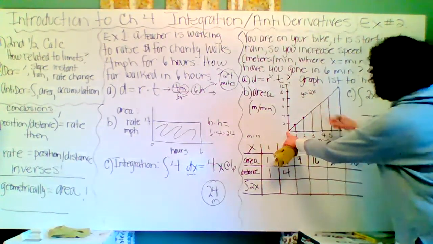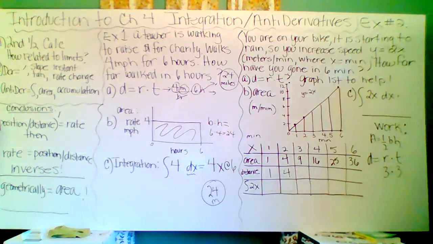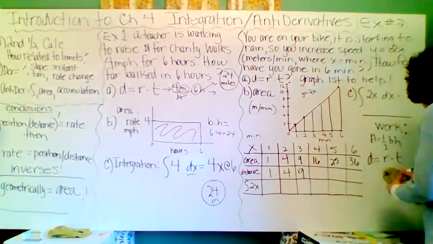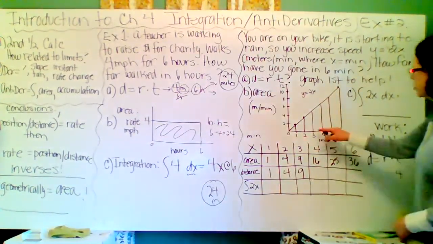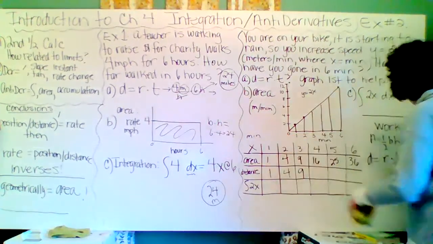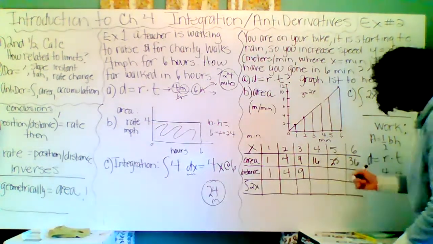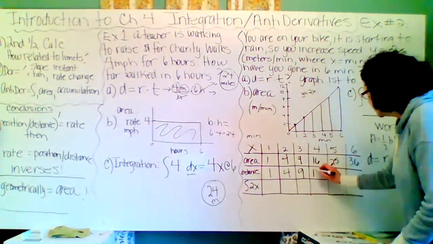The average is 3. So for 3 minutes, your average was 3 meters per minute, 9. For 4 minutes, you were going from 0 to 8, half of that is 4, rate times time. Your average rate was 4 meters per minute, and you did that for 4 minutes, 16.